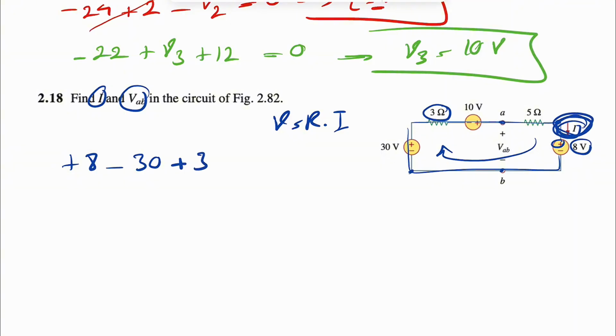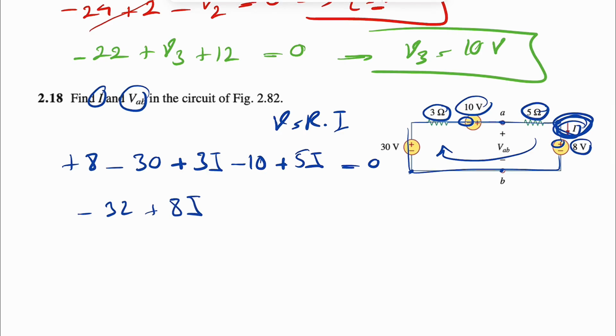So plus 3I, moving to the voltage source, negative 10, again plus 5I, and getting back to our starting point equals 0. So we have negative 40 plus 8, so negative 32, plus 3 plus 5, 8I, equals 0. So our I would be 4 amps.